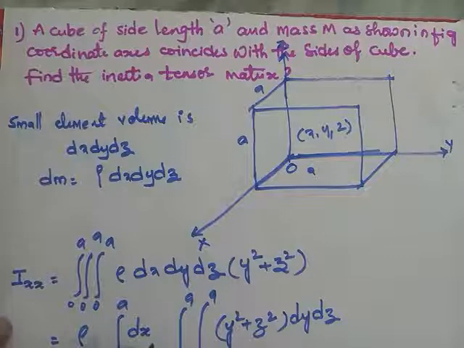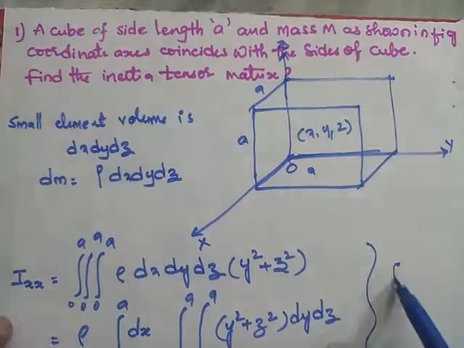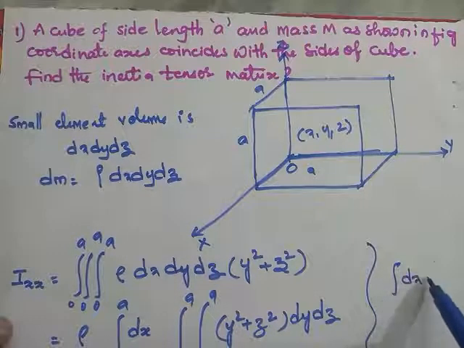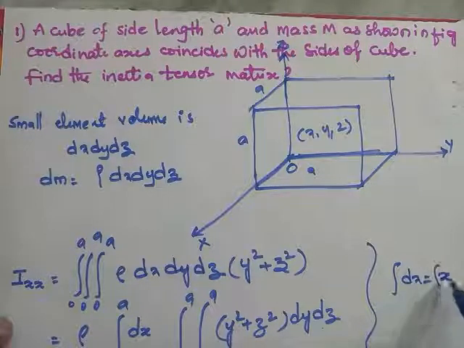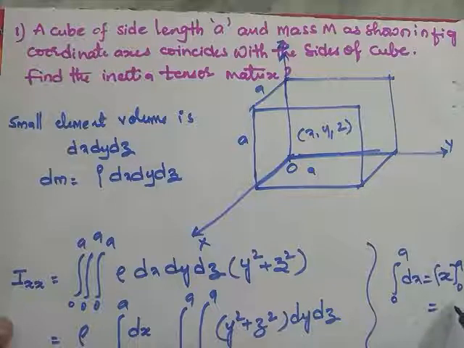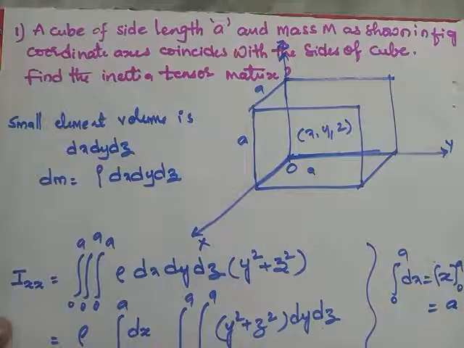Initially we have to integrate this one. Integration of dx will become x. Now substitute limits 0 to a. After substituting, we get a. So rho into a. Again integrate with respect to y, from 0 to a.